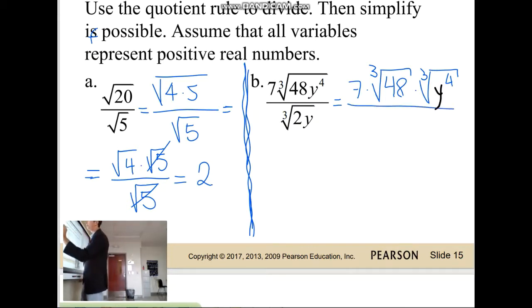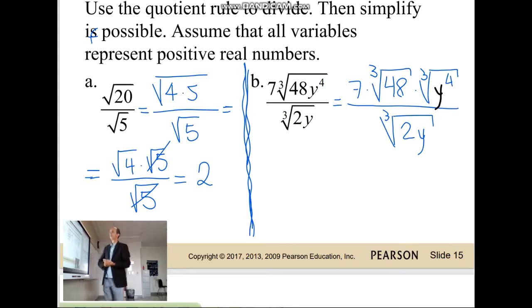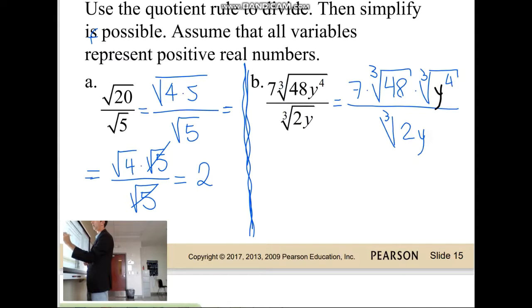Okay, now divided by cube root of 2 times y, which we can split as well. Cube root of 2 times cube root of y. Okay.